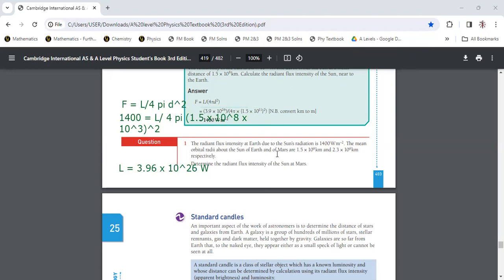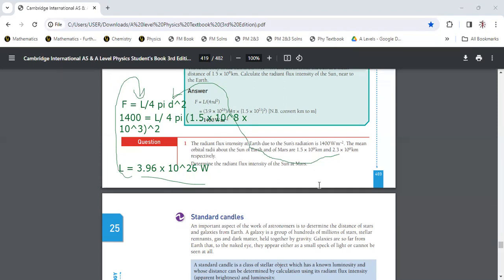After this, you can substitute this value back on Mars, where your luminosity will be used here, and your d squared will be used in respect to the radii of the Sun, the center of Mars to the center of the Sun.